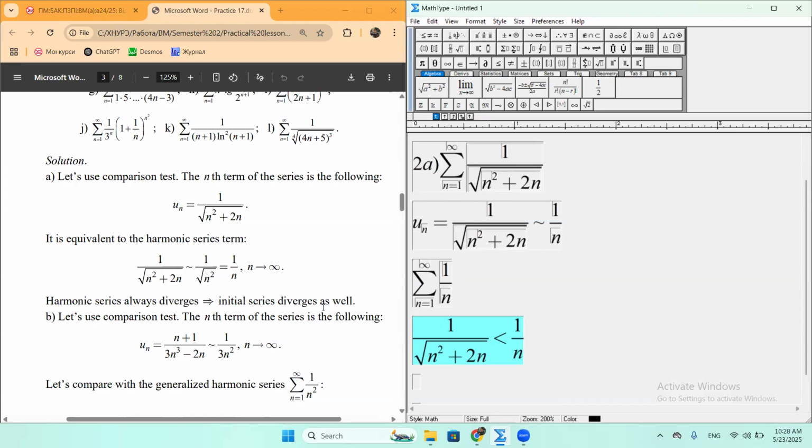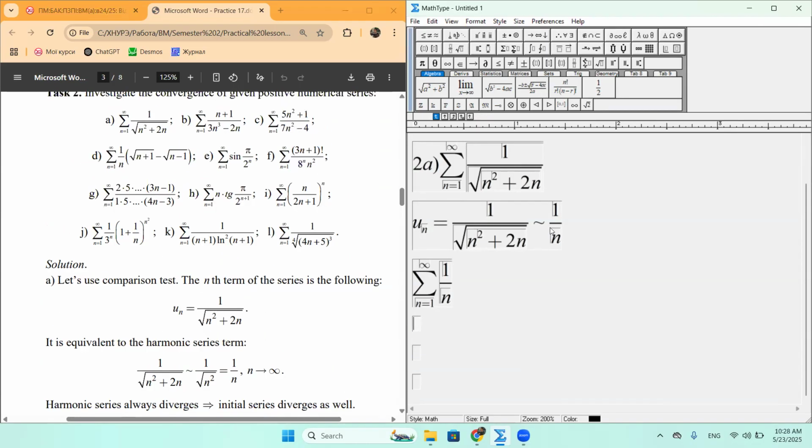So as these series are equivalent and the harmonic series diverges, it means that the initial series is divergent. So the final answer is: divergent.